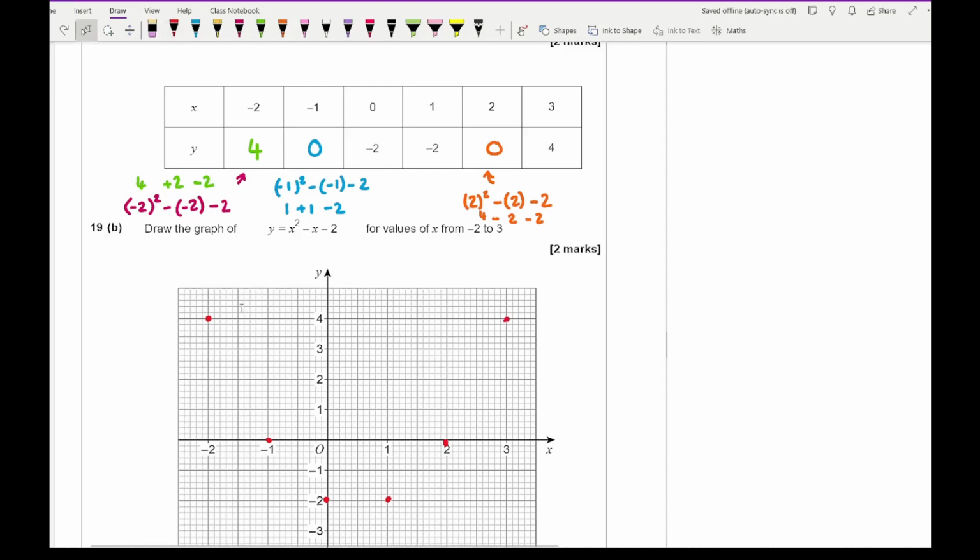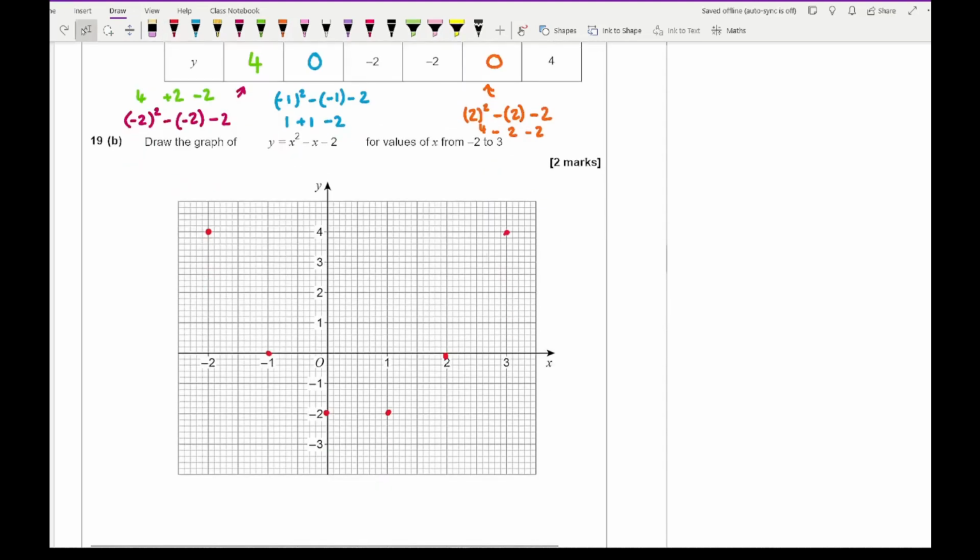Now this is going to be a U shape, so when you're joining the points up, make sure that you don't have a flat bottom. It needs to curve up, making sure that your curve goes through the points. Hopefully yours is a lot easier, but it should look something like this.